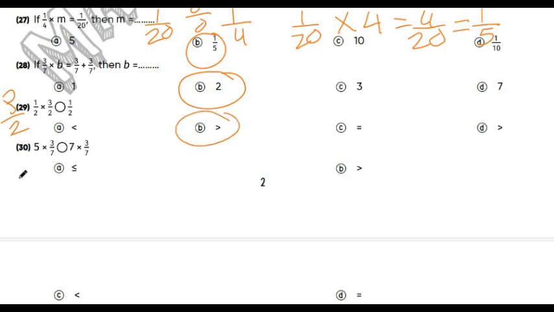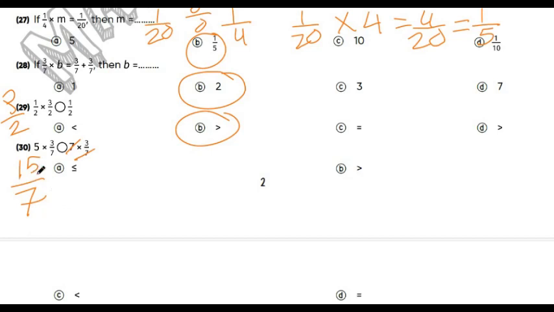5, we will do the same here. 5 times 3 equals 15 over 7, and here it will be 7. We can simplify this easily. 7 over 7 equals 1, so the remaining will be just 3. So how to compare 15 over 7 with 3? If we convert 15 over 7 into a mixed number, it will be like that.